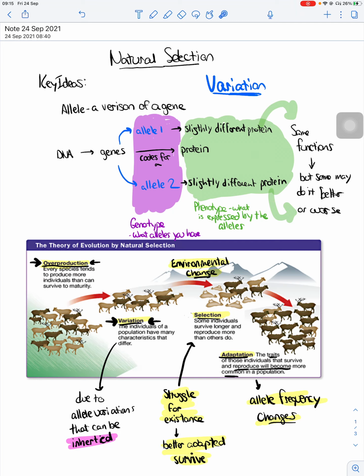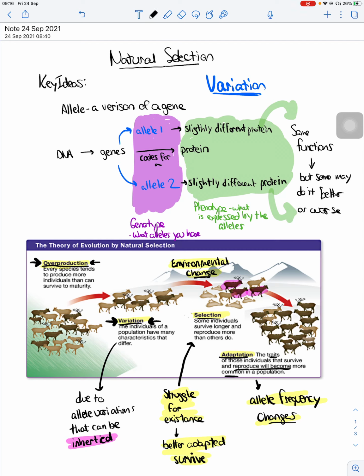So there's a selection here. In this case, the dark brown seem to survive more than the light brown. Some of the light browns still survive, but more of the dark brown survive.